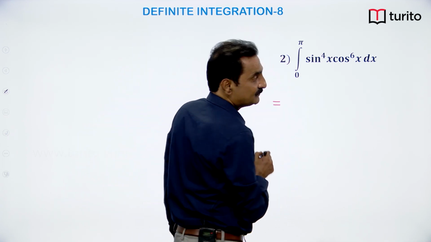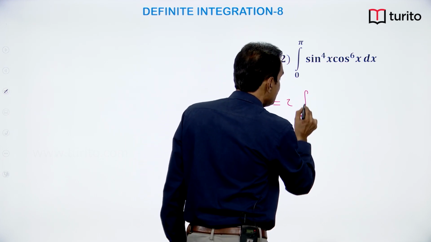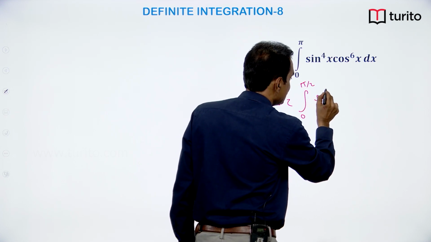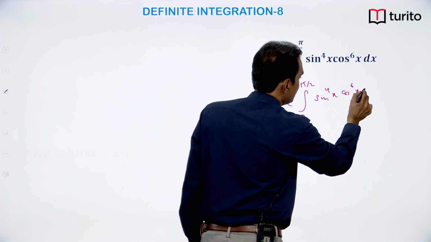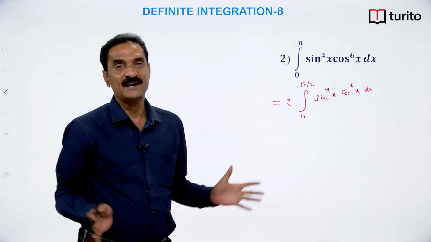Then it becomes 2 integral 0 to pi by 2 sin power 4x into cos power 6x. Now the limits are standard limits.